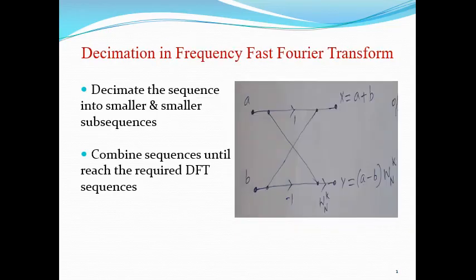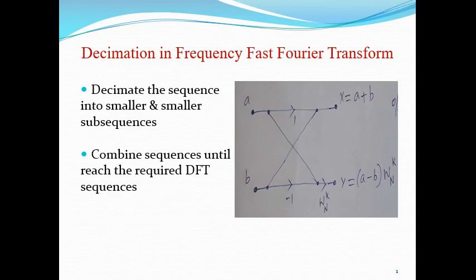The next algorithm is the decimation in frequency fast Fourier transform algorithm. In this algorithm, frequency components are divided into smaller and smaller subsequences and the sequences are combined until we reach the required DFT sequence.